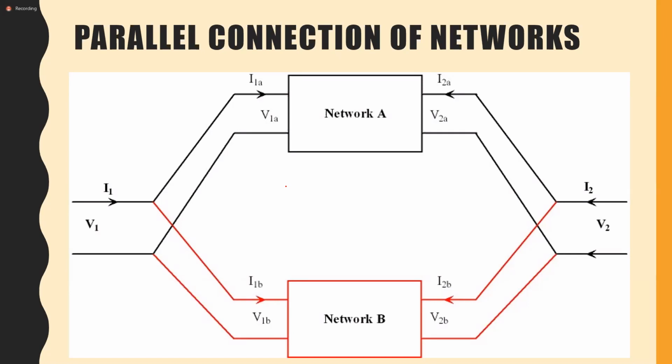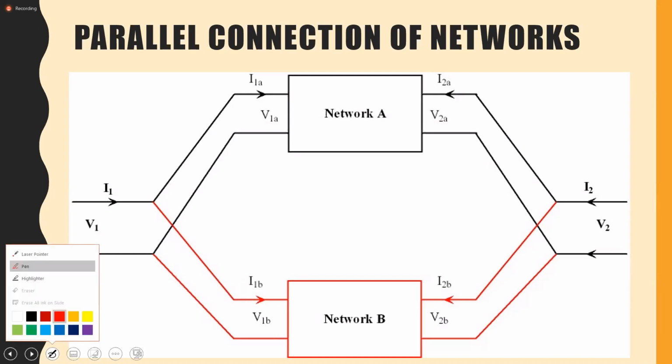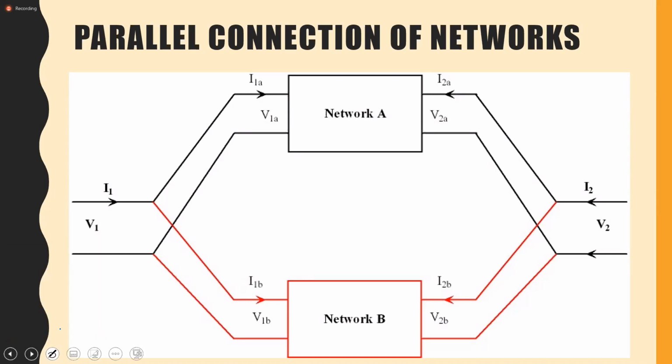And if you go back to what we said in Networks 1, 2 elements are considered to be in parallel if the current entering the node connecting them divides. That's how we define parallel connections. You recall? So we're going to look at these 2 networks. Here we have network A, we have network B, and we are saying that they are in parallel.